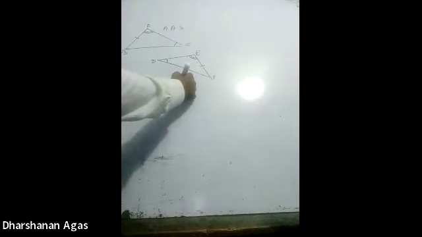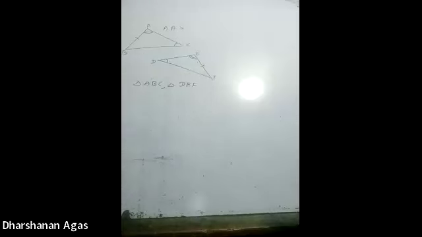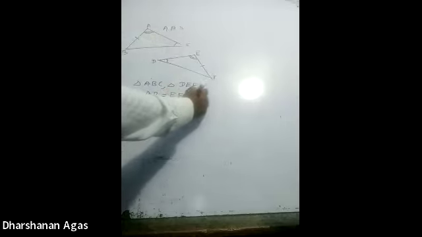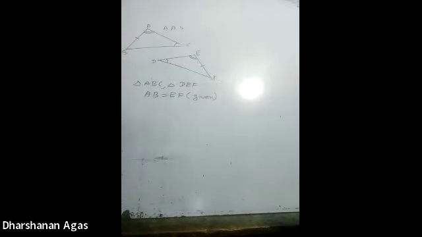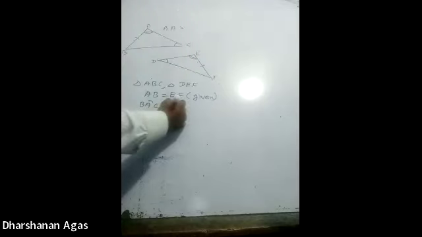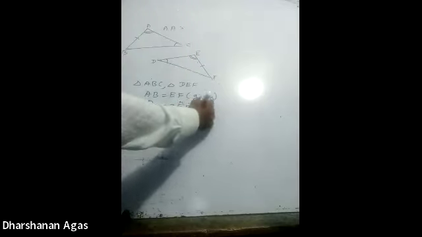Angle, angle, side. Then write: in triangle ABC, comma, in triangle DEF, AB is equal to EF, given. Then angle BAC equals angle DEF, that is also given.